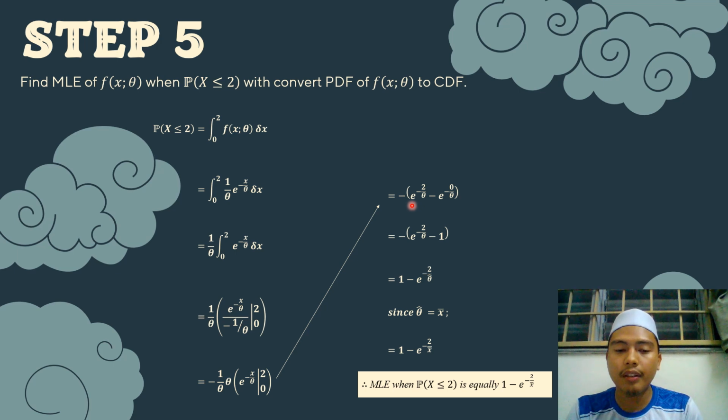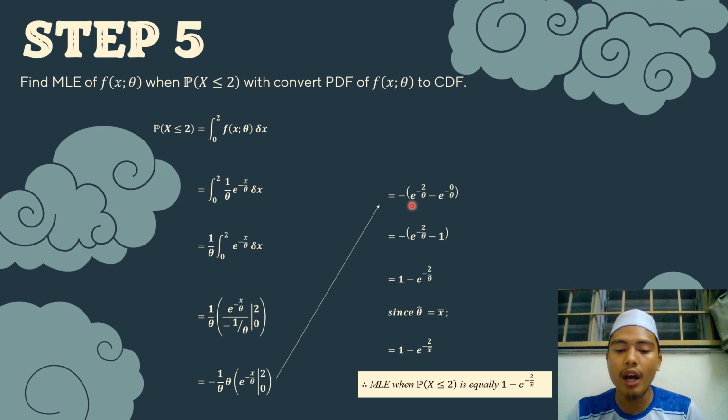In the final answer of this situation, we get 1 minus exponent power of negative 2 over theta hat. Since we have calculated theta hat, which is equal to the mean of x, we just substitute the mean of x into the equation.